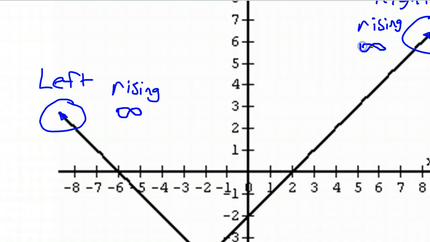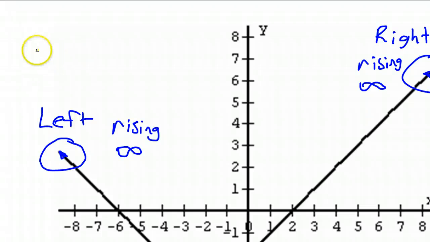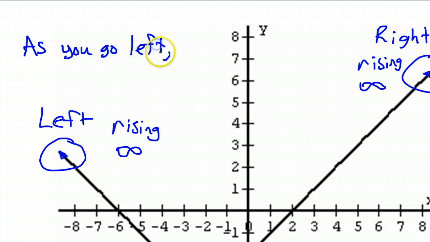Okay, so now here's how end behavior works. Basically, we're saying as we go to the left, it rises. That's what it would be in words. As you go left, the function rises.